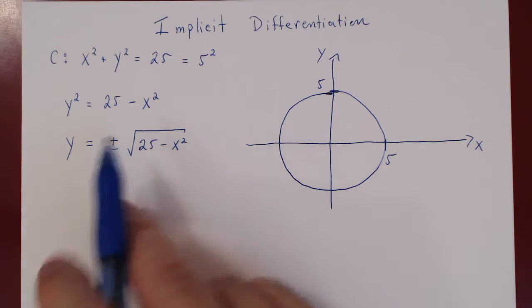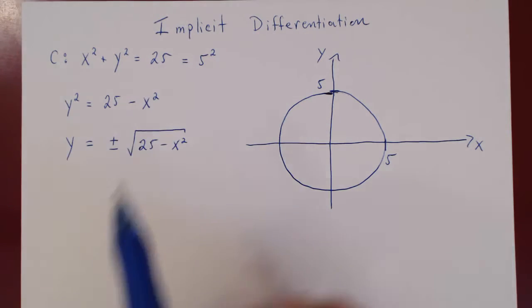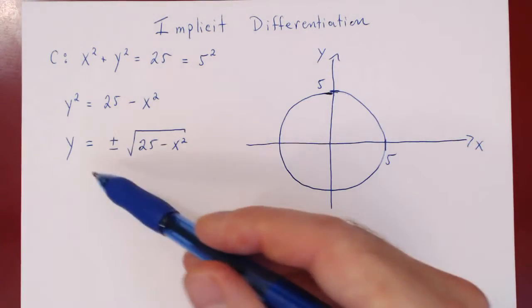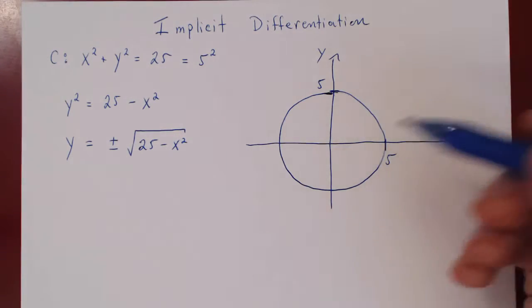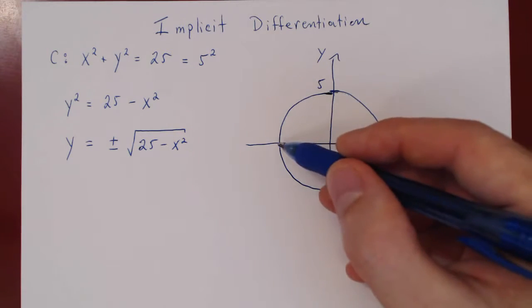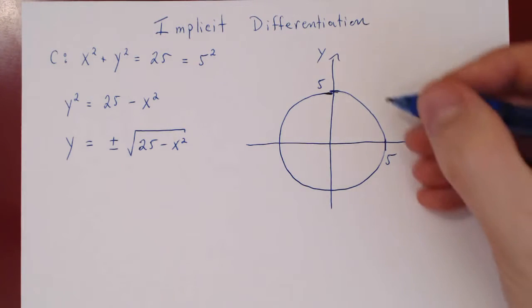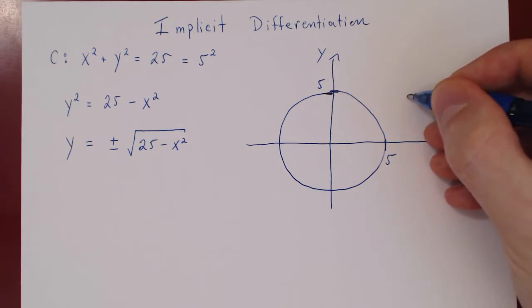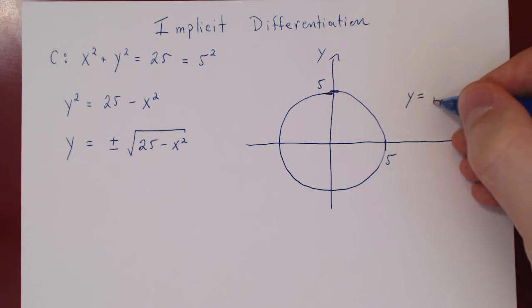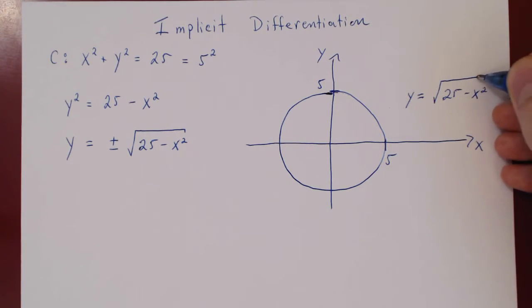And if you look at this, when we take the positive, we get positive y values. When we take the negative, we'll get negative y values. So if you look at your curve, the upper semicircle is given by picking the positive, so we'll get y is equal to the root of 25 minus x squared.